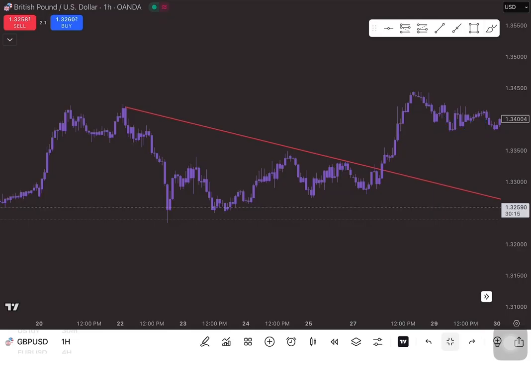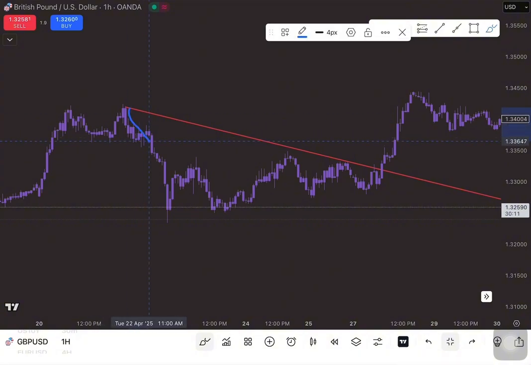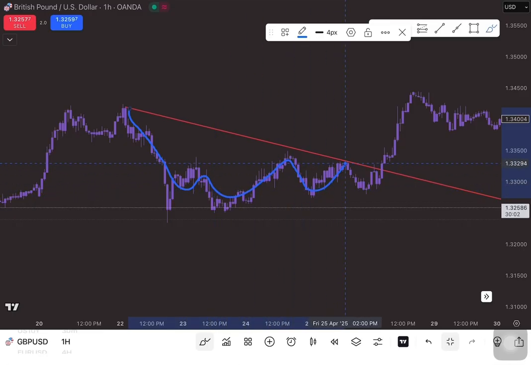If we take a look here, we can see the market bounced off of that, our first point of interest, where it came down. It started there, touched the trend line again here, and came back down. That would be something you can profit off of.